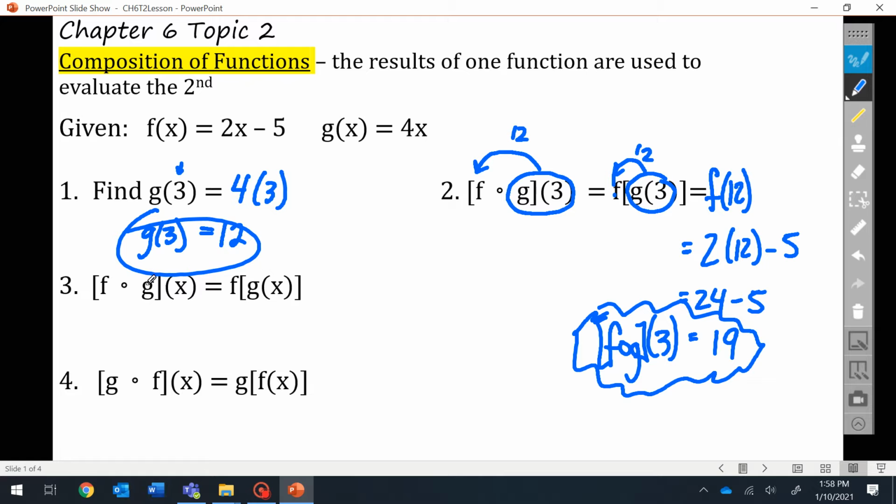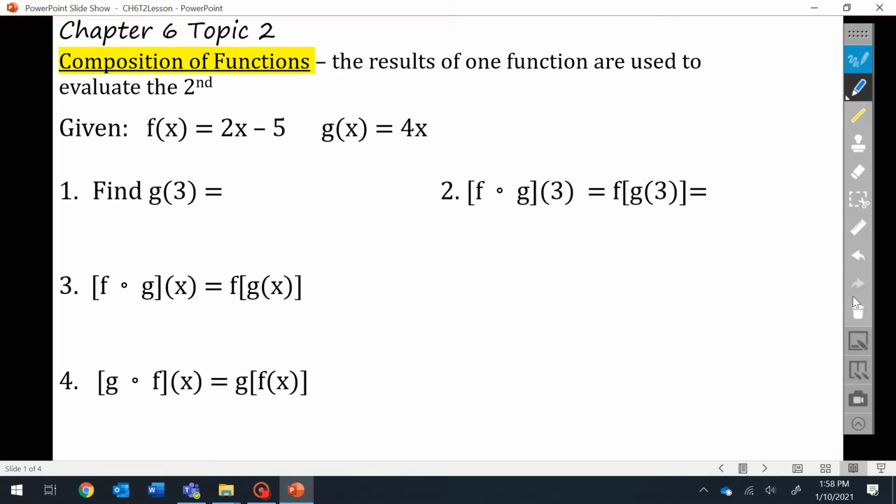Now number 3, you'll notice that it says f compose g of x. And there's no numbers to substitute into the function. It just says f of g of x. So here's how you do it if you don't have a number to plug in.